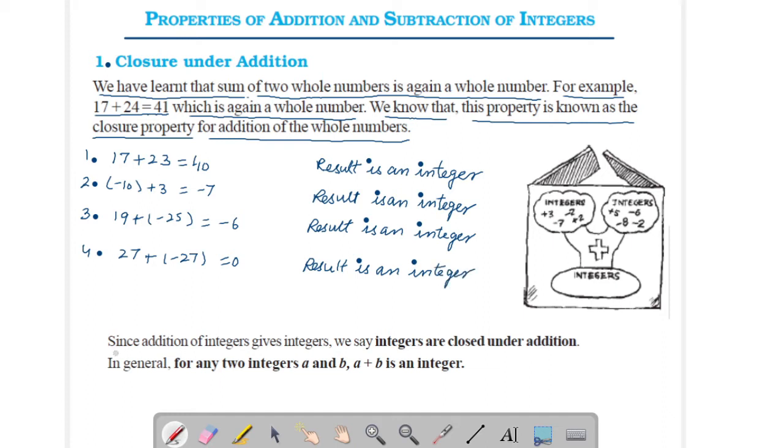Here since addition of integers gives integers, we say integers are closed under addition. In general, for any two integers a and b, a plus b is an integer.